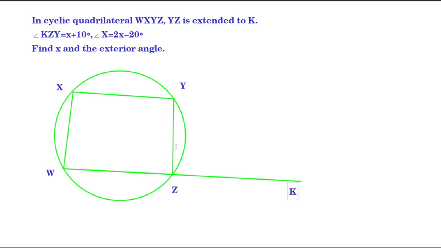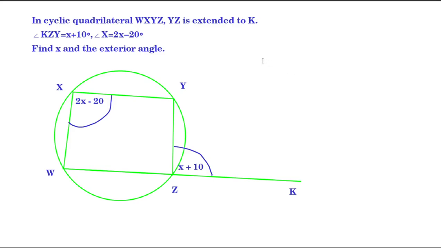KZY, this angle here, is x plus 10. And then the angle at X, this one, is 2x minus 20. And these two angles, this is the interior opposite angle, and this is your exterior. So these two are actually equal.